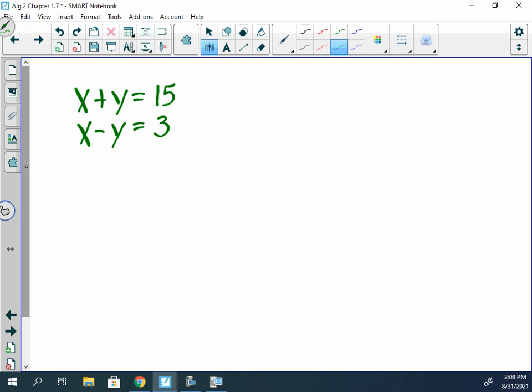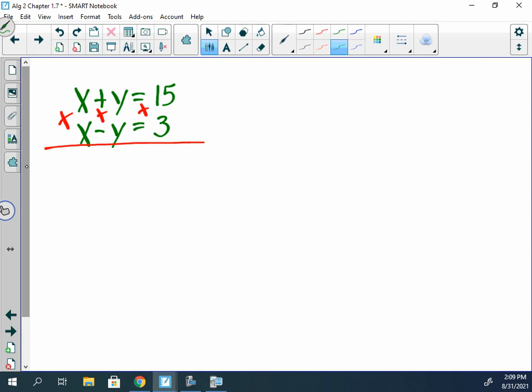Now this one here, do we already have variables that are the same? Yes, we could set this up as a system, or set it up as an augmented matrix and plug it into the calculator and do RREF. But if I add this and actually solve it by elimination, and I'm adding because the y values are opposite, one's positive, one's negative.